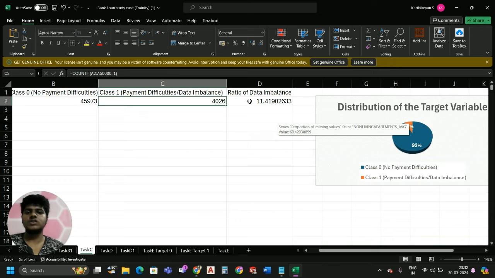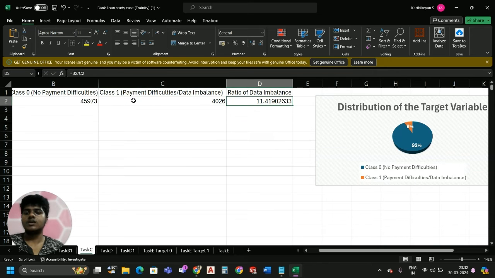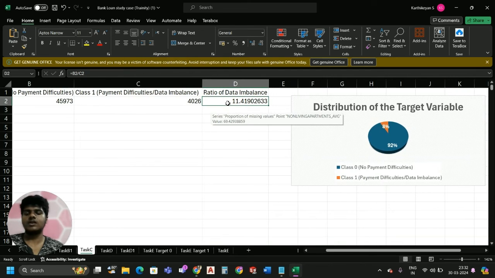To know the ratio of data imbalance, we have used this formula, B2 by C2, that is the no payment difficulties column divided by the column having payment difficulties. By doing this, we have got the ratio of data imbalance of about 11.41.